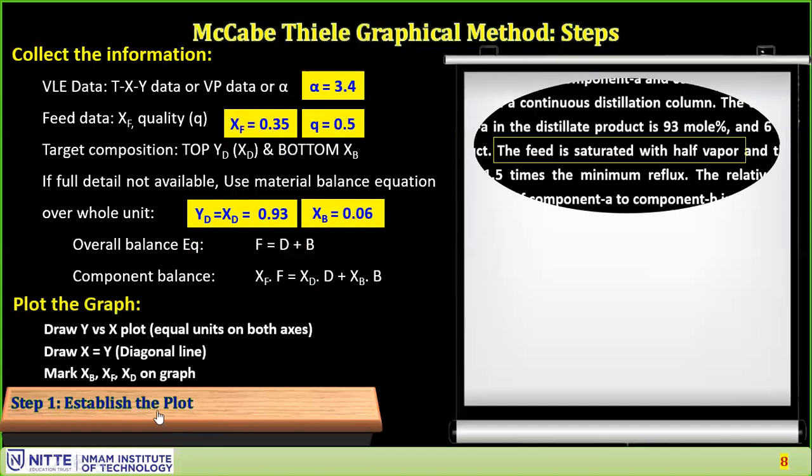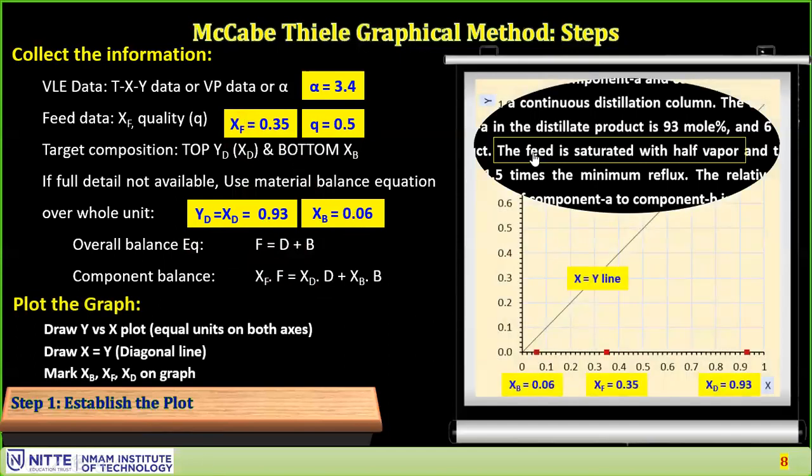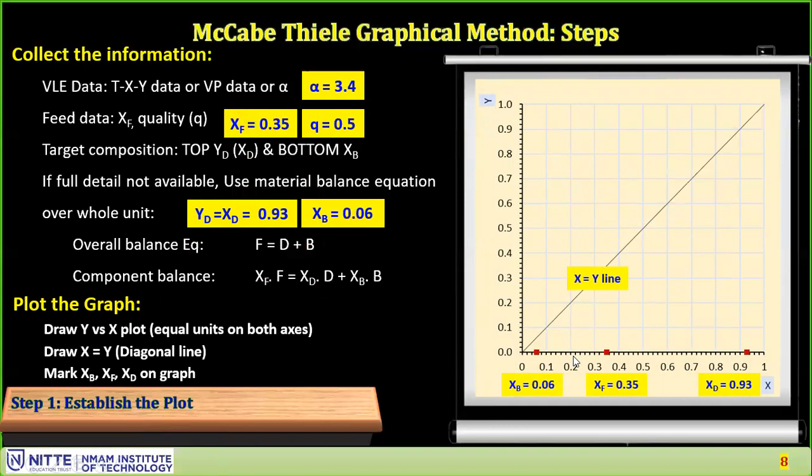Then you have to plot the graph. What is this plot? You will plot one XY diagram, with y on the y-axis from 0 to 1 with an increment of 0.1, and 0 to 1 on the x-axis with an increment of 0.1. Most important, it's a square graph, that means the scales are equal in both axes. After that, draw the x is equal to y line, the diagonal line, starting from 0,0 up to 1,1.